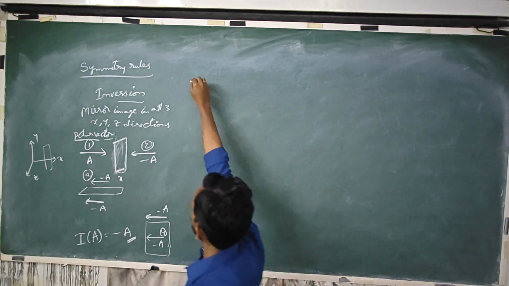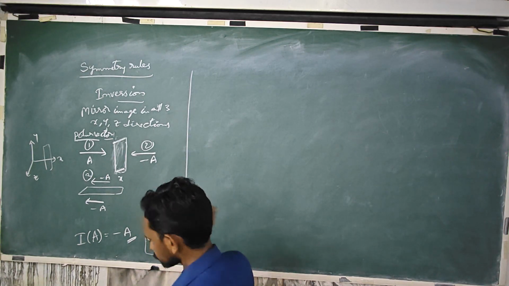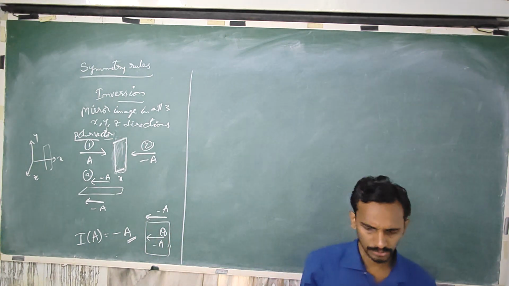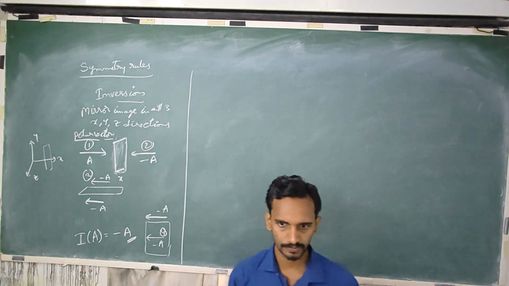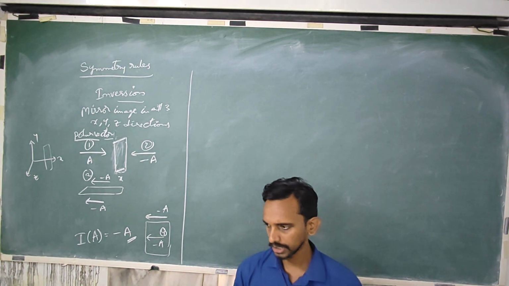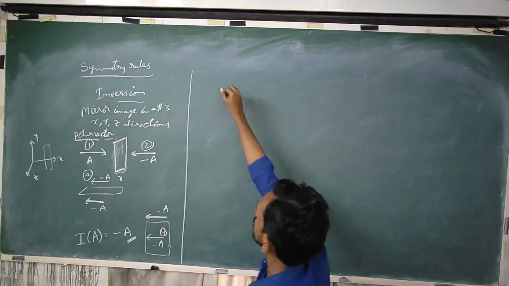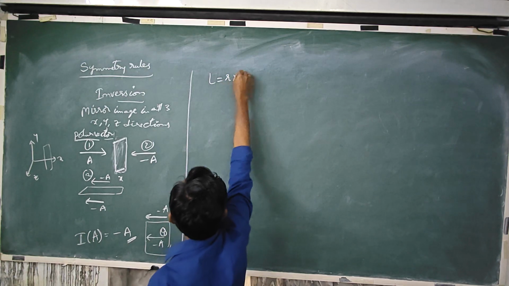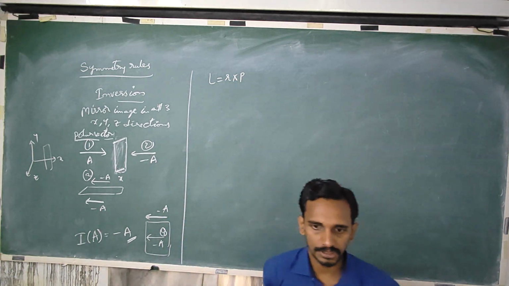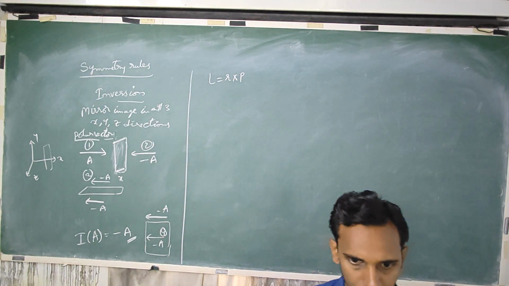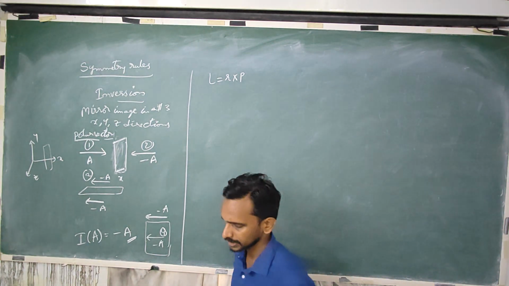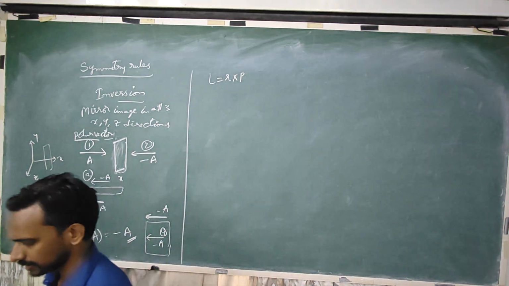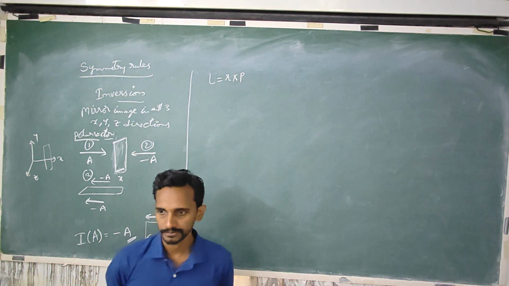Now we look at pseudo vectors. Pseudo vectors are usually the result of cross products, like angular momentum, where L is R cross P. It is a result of a cross product, so it doesn't actually represent any movement along that direction.